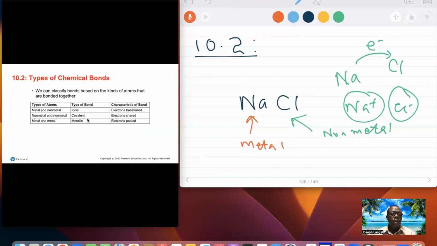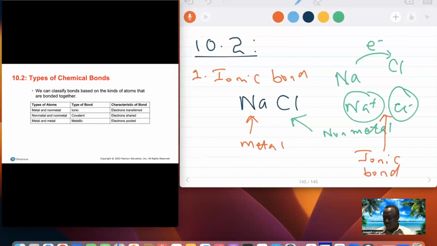There's a transfer of electrons between a metal and a non-metal. This forms an ionic bond, which is a strong electrostatic force of attraction between metal and non-metal.